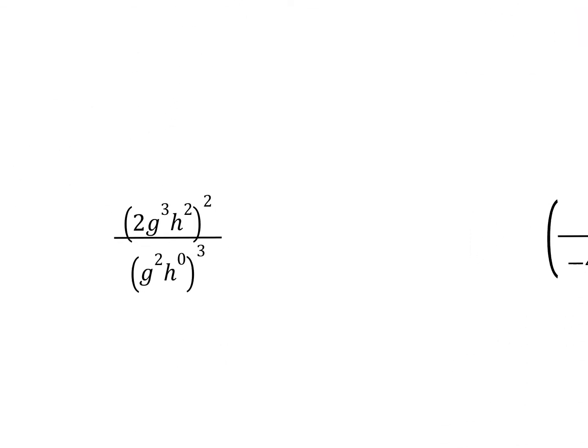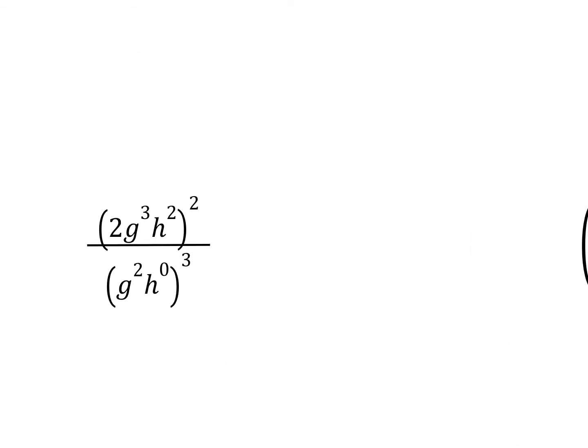Okay. All right, here we have to square and cube a few things before we simplify. So we got 2 squared is 4. G to the 3rd to the 2nd is going to be g to the 6th. We're going to multiply those. H squared squared, again multiply, h to the 4th, over g squared to the 3rd, multiply those, that's g to the 6th.